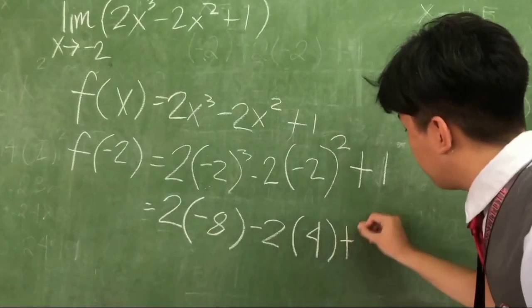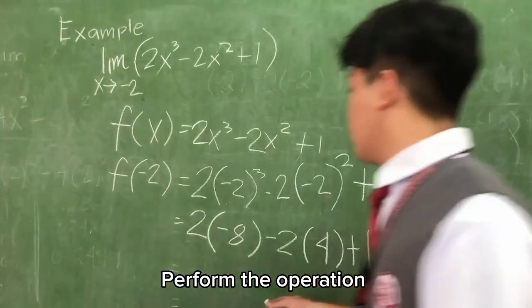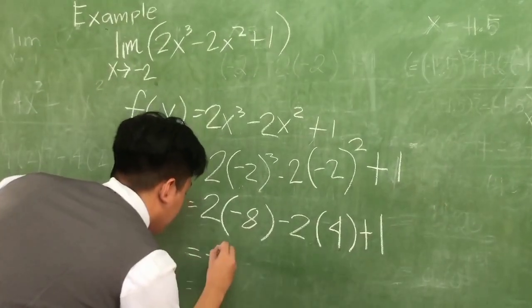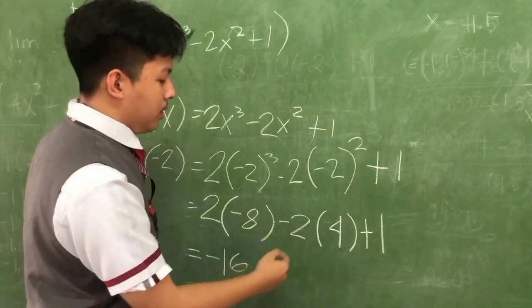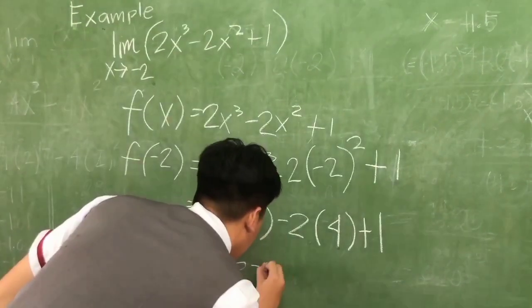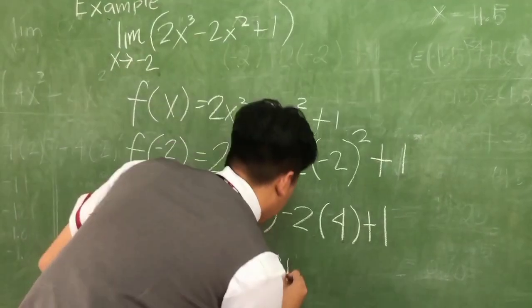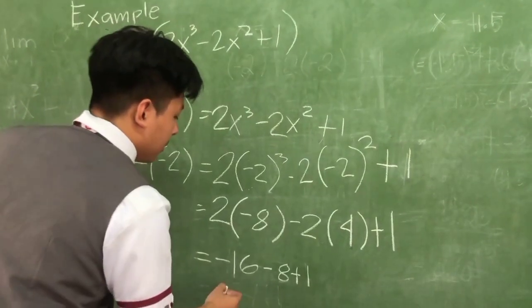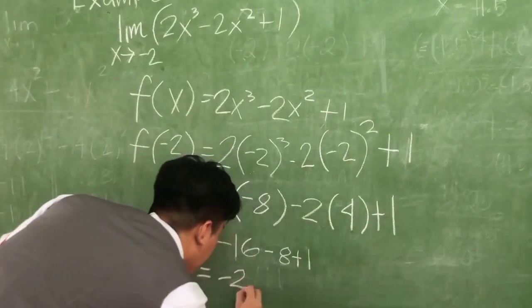Plus 1. Ang susunod natin gagawin ay perform the operation. 2 times negative 8 is negative 16. Tapos, negative 2 times 4 is negative 8. Bibring down lang natin to which is plus 1. Pag minus natin itong negative 16 minus 8, which is negative 24.